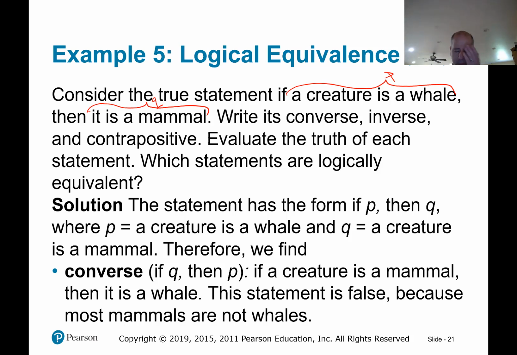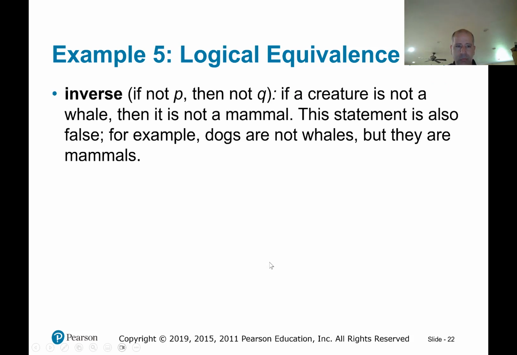Now, obviously, if you think about it, we know that that is a false statement, because there are lots of mammals that are not whales. We can name lots of them. Inverse. Okay, so now not P implies not Q. So that's going to be the negation of both sides.